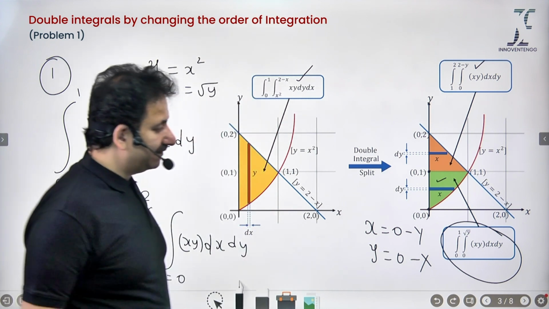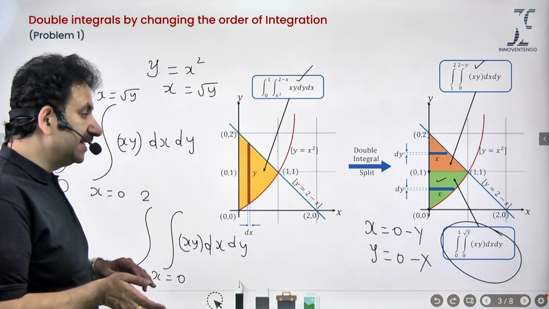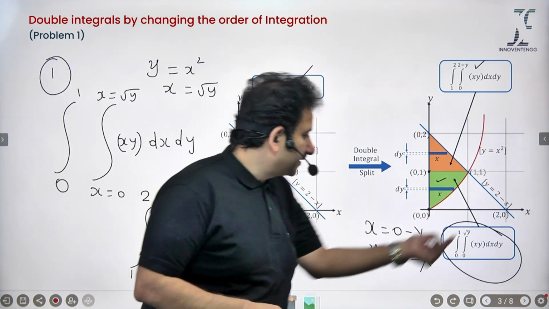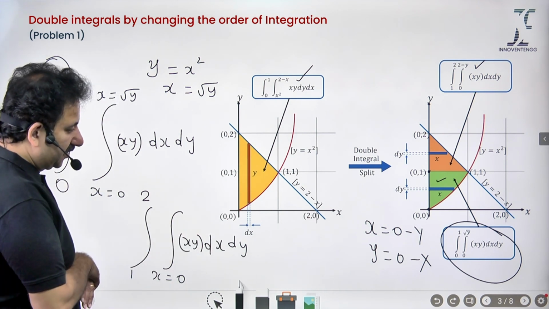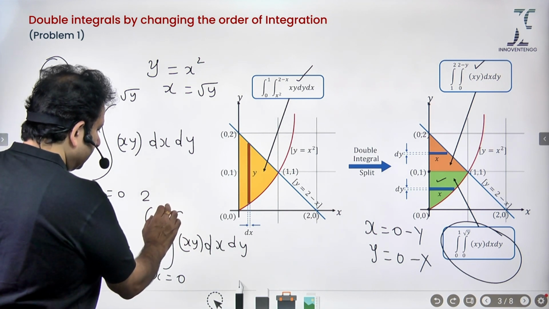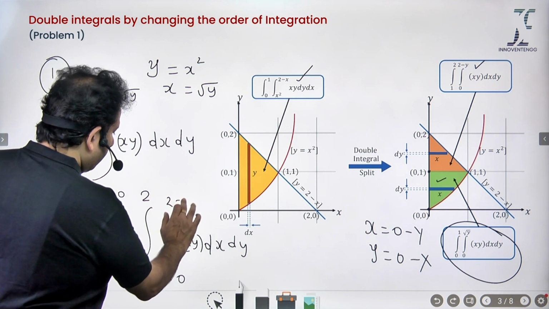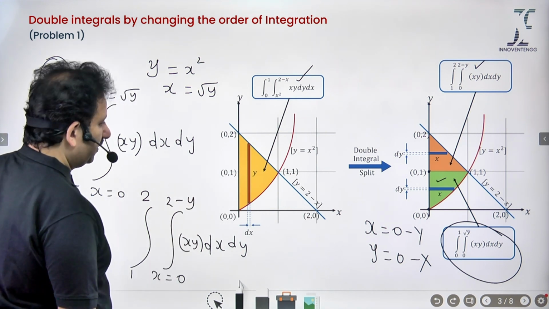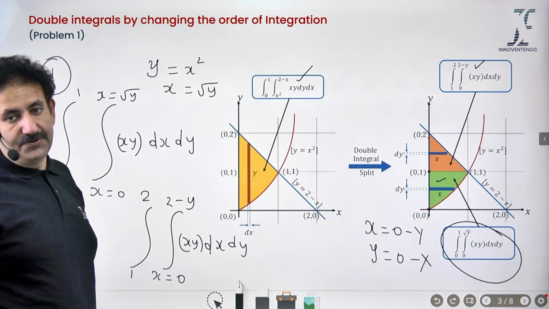What is the definition of the inclined straight line here? y is equal to 2 minus x, but I need the expression in terms of x, because you are seeking the limits of x, because you are integrating with respect to x. So the variable limit of x is x equal to 2 minus y. Just bring the x to this side, y to that side, that will give you 2 minus y.